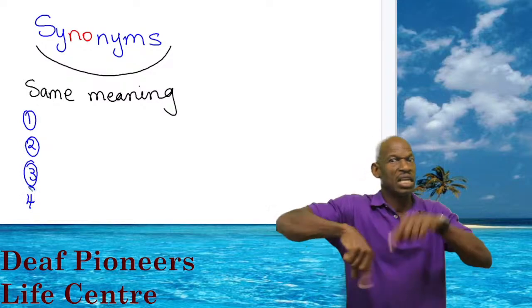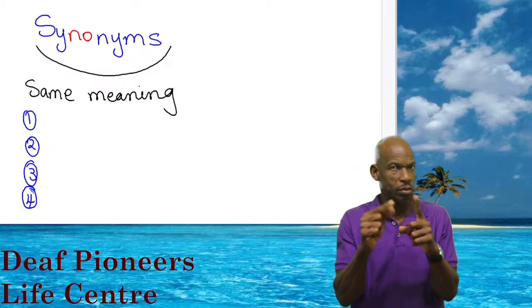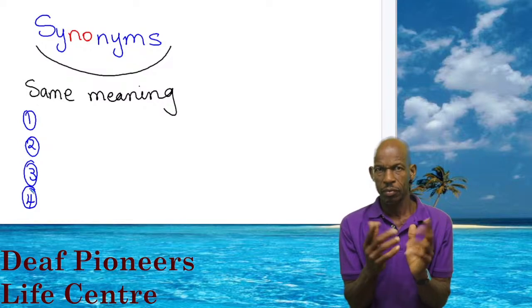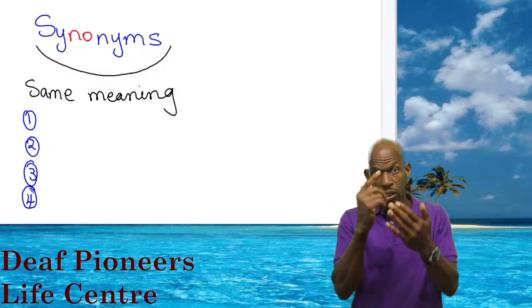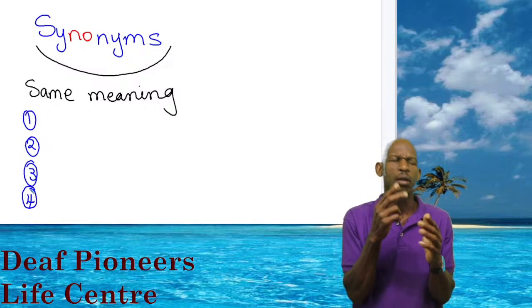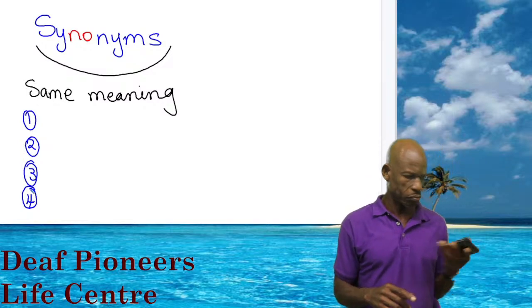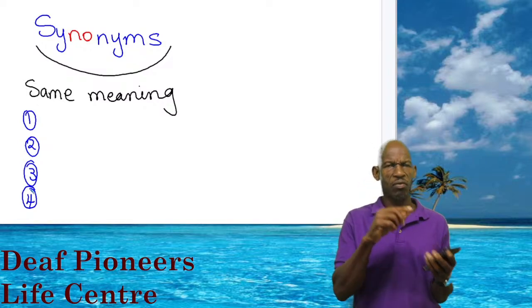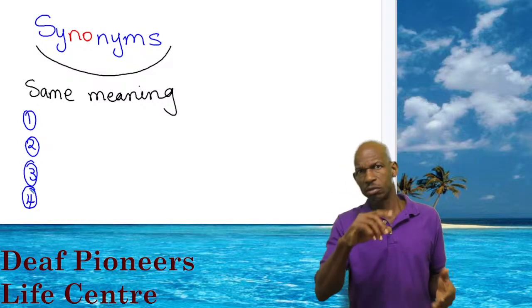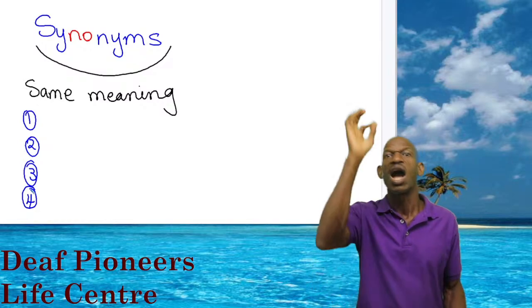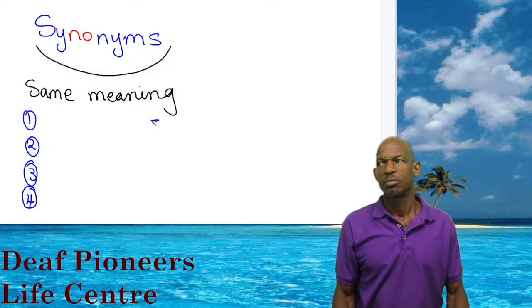Last time when I was teaching this lesson, I asked you to have your cell phone to do a search, finding words that have the same meaning. So I'm teaching you how to use your phone and to do a search on the internet to find words. So let's see if we can get about eight simple words.